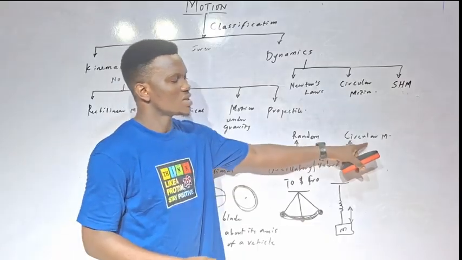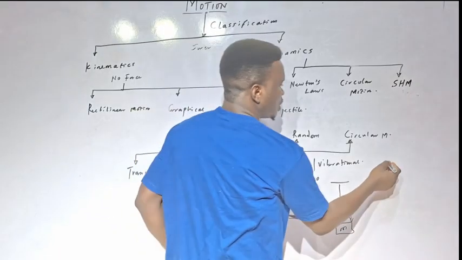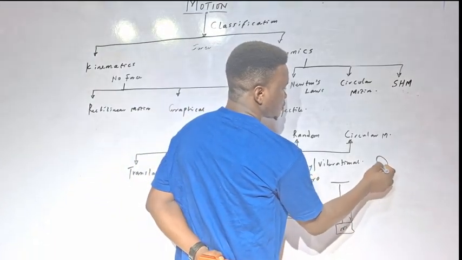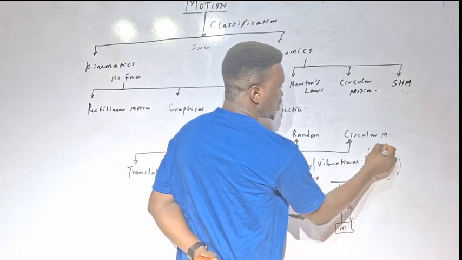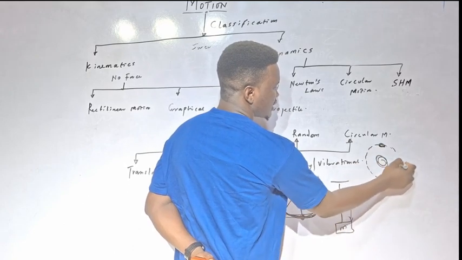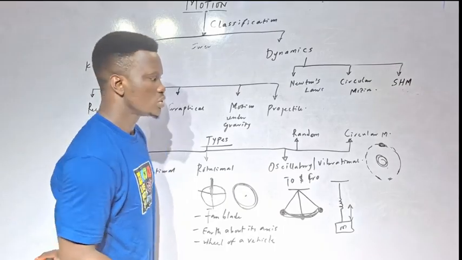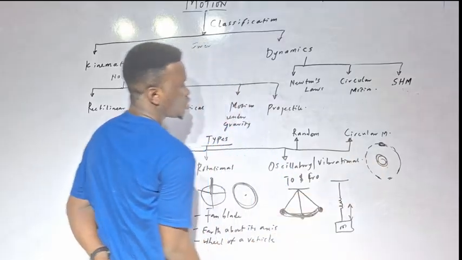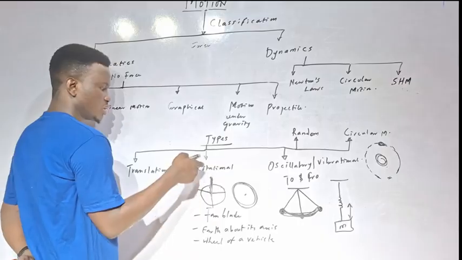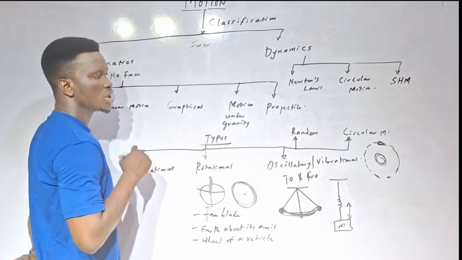When a body rotates about the axis of another body, like for example there's the Earth, and there's another planet moving about the Earth, then that body is undergoing what we call circular motion. So the motion of a body about another axis is circular motion, but the motion of a body about its own axis is called rotational motion.